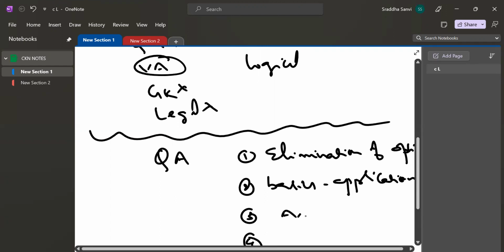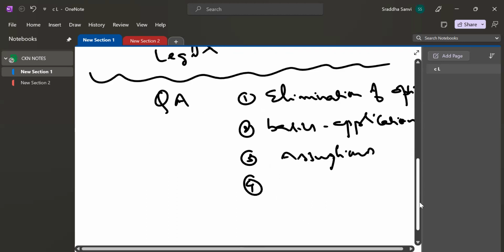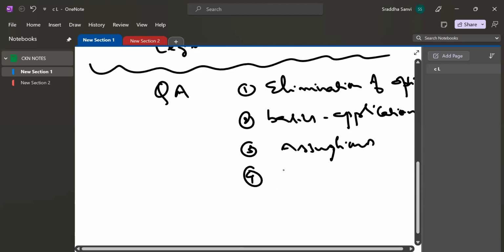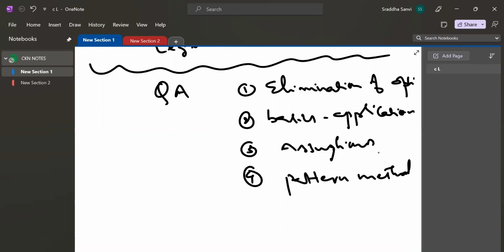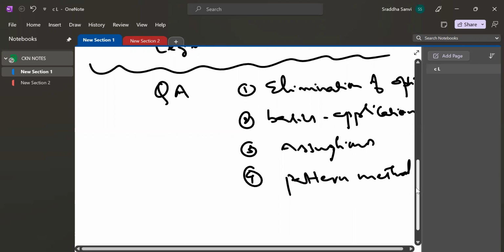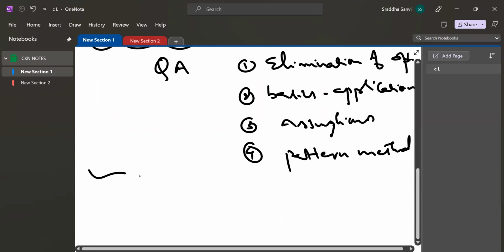Category three, problems based on assumptions. Category four, problems based on the pattern methods. That is, you apply different patterns to solve the questions. What are these techniques? We will try to understand one by one. Let's see the first one, elimination of options.